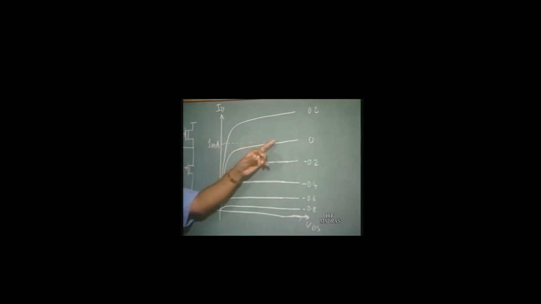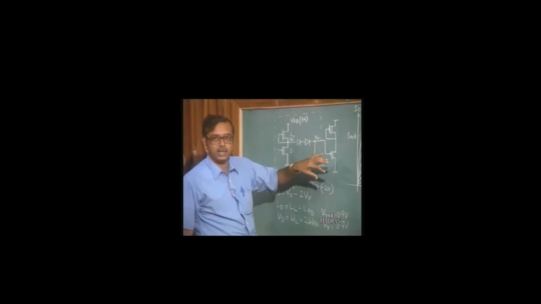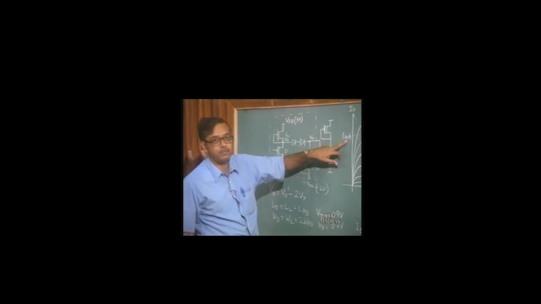And for the pull down device everything is identical except the width of the device is half. So, when the gate to source voltage is 0, the current flowing through it would be half of this current, that is, 0.5 milliampere would be the pull down current.